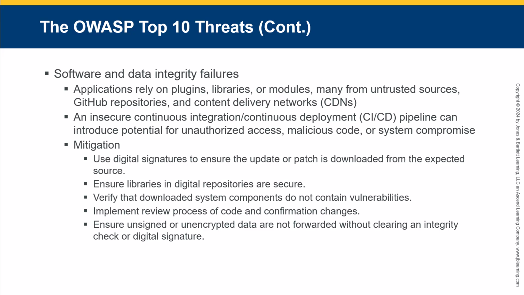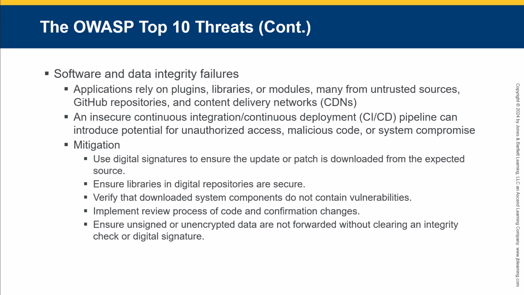Mitigation. Use digital signatures to ensure updates or patches are downloaded from only authorized sources or approved sources. Ensure libraries and digital repositories are also secure. Verify the downloaded system components and ensure they don't contain any vulnerabilities or Trojans. Implement a review process for code and confirmation of changes, i.e. basic change management.